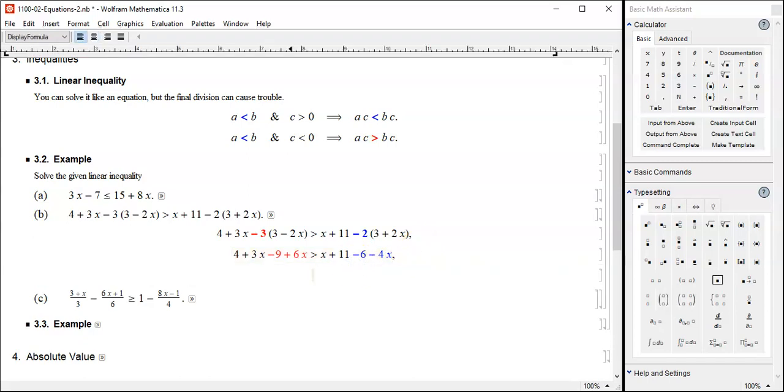Alright, then let's work out the like terms. 3x plus 6x, so 9x, and then 4 minus sign, minus 5, is greater than, and then x minus 4x, so -3x, and 11 minus 6, so that's 5.